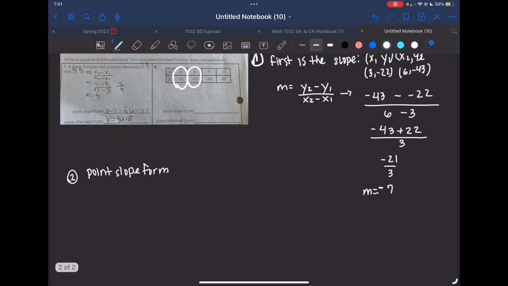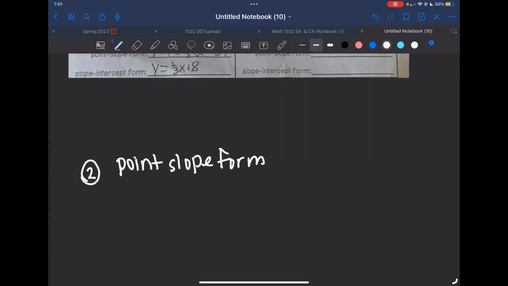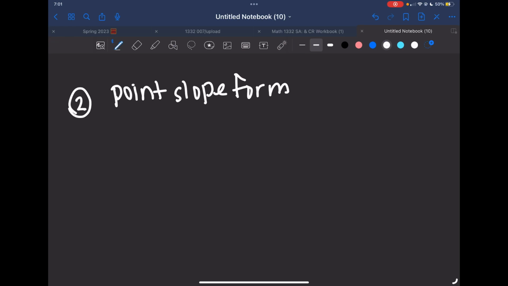So now you have point slope formula. Point slope formula is a pretty general formula, and it goes like this: y minus y1 equals slope, or m, times x minus x1, close parentheses.